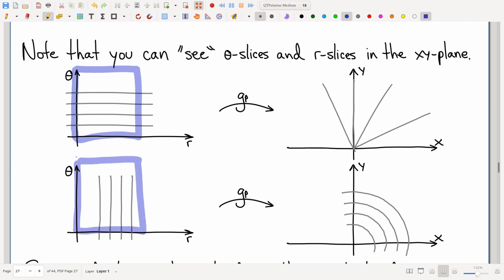When you look at your pullback domain, you're going to be slicing it up. You'll be doing theta slices, like so, r slices of those theta slices, perhaps, like so. And here's the thing, these slices, you can straight up see them in the xy plane.